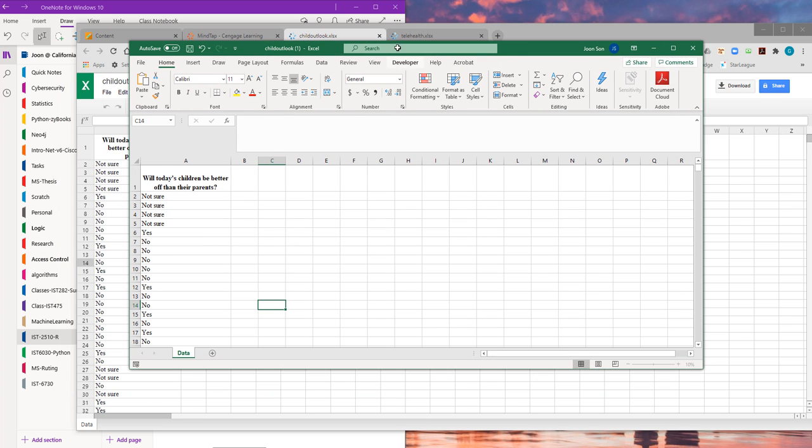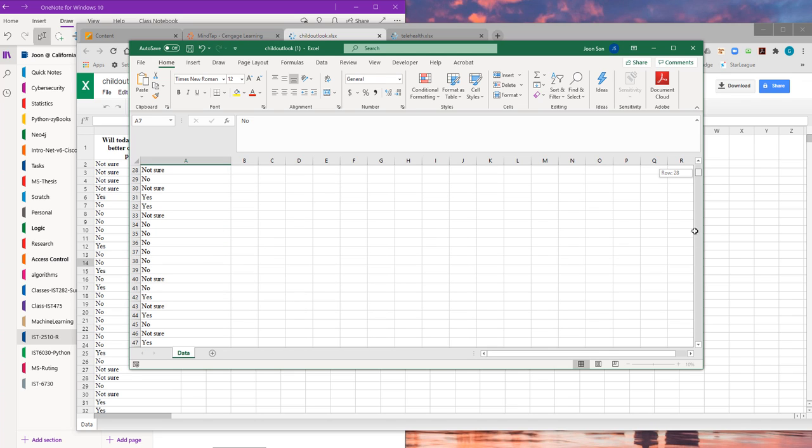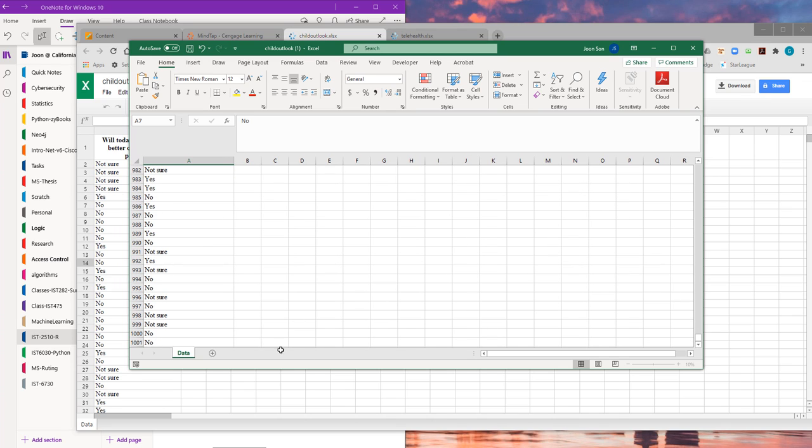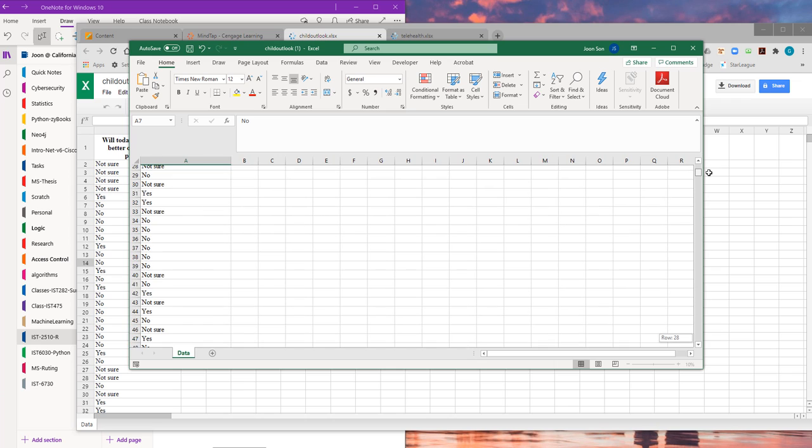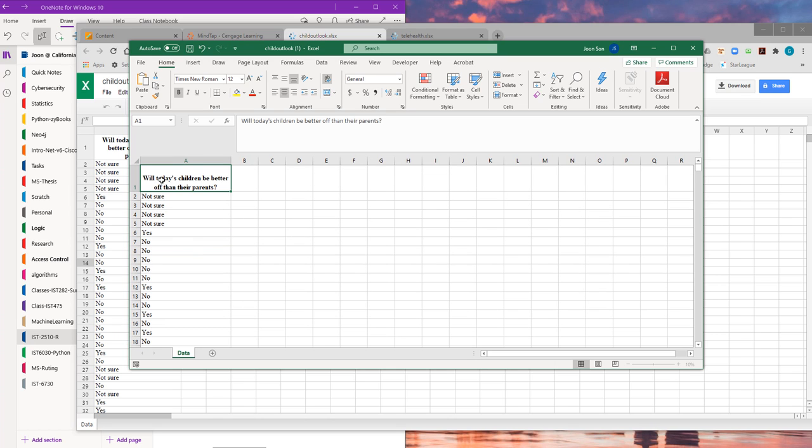It has only one column, with responses of not sure, yes, and no. How many of them? 1,001, because the first row is just the header. So the sample size is 1,000.